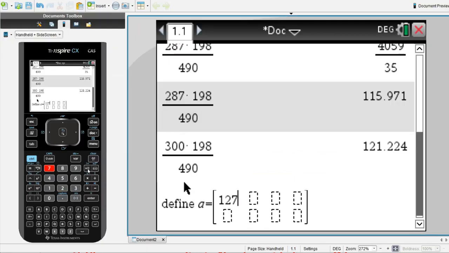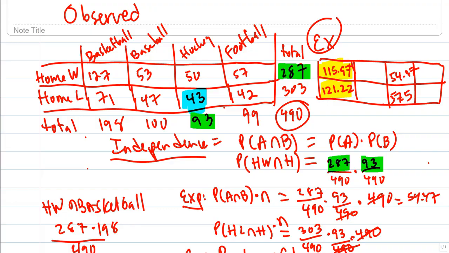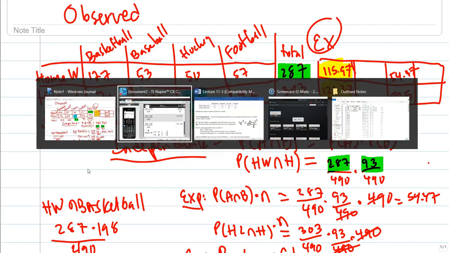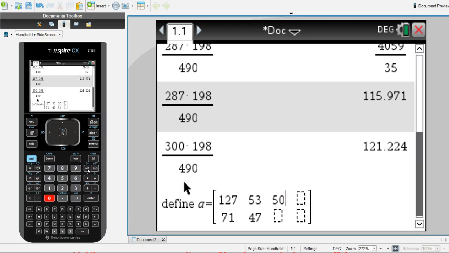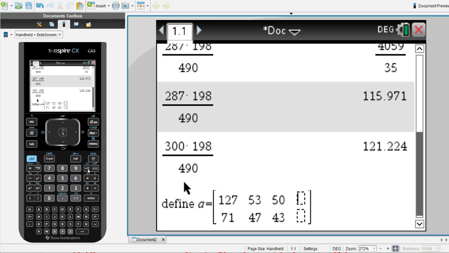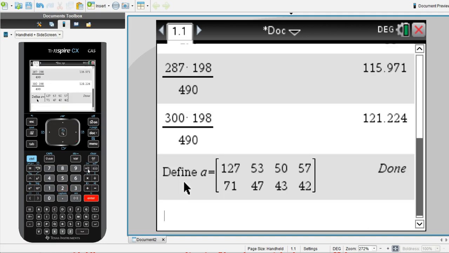And then we basically fill it in. 127, 71, 53, 47, 50, 43, and 57, 42. Once you hit enter, you have done all the hard work that is required for this test.